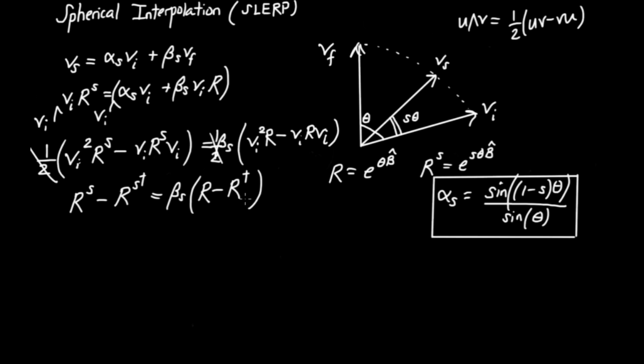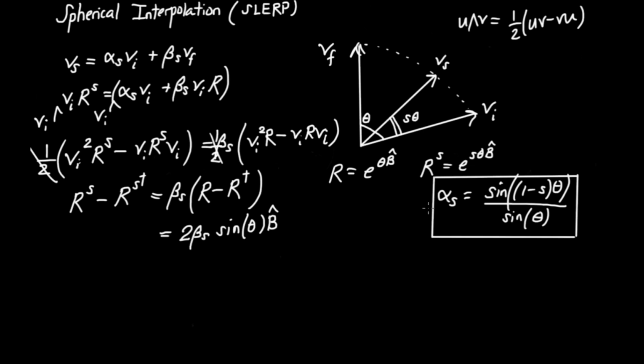We've already dealt with this before on the right-hand side, so let me just remind you what that is. That's going to be 2 times beta sub s times sine of theta times b hat. Let's now work with the left-hand side. So I have r to the s minus its conjugate, or its dagger, r to the s.